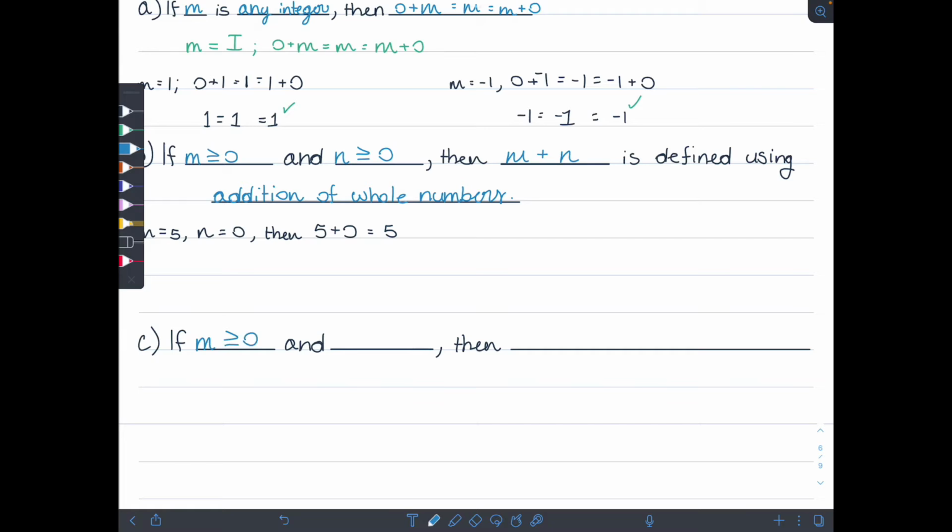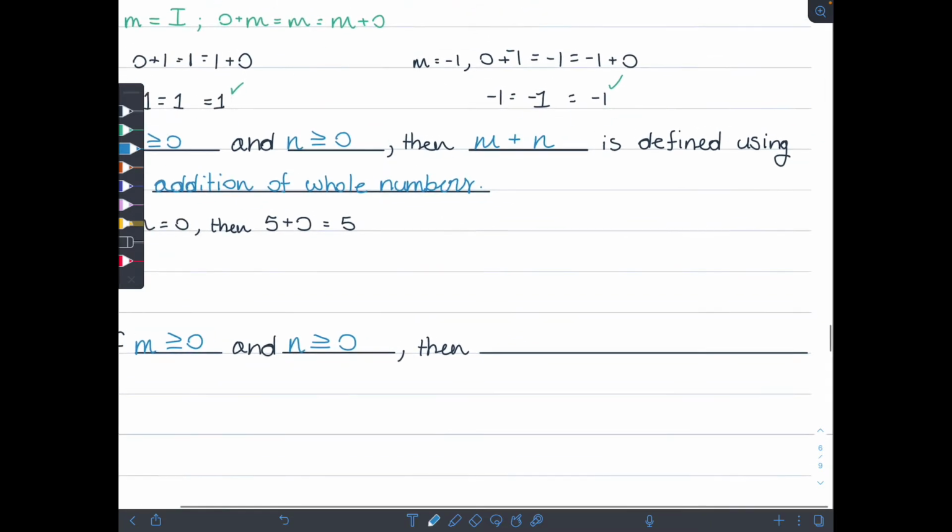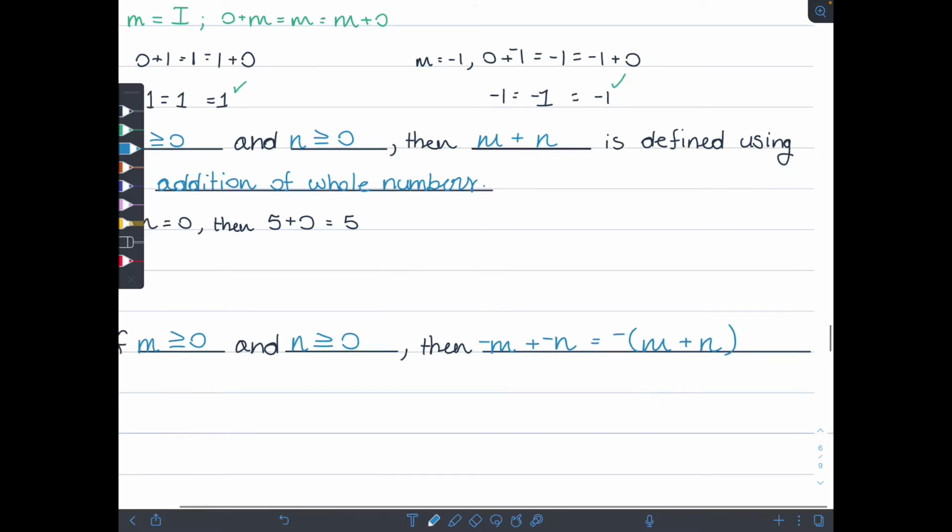If m is greater than or equal to 0, and n is greater than or equal to 0 as well, then negative m plus negative n should equal negative parentheses m plus n.